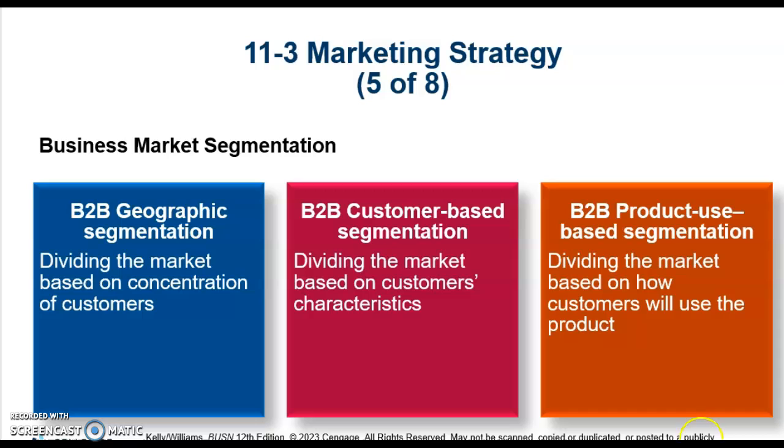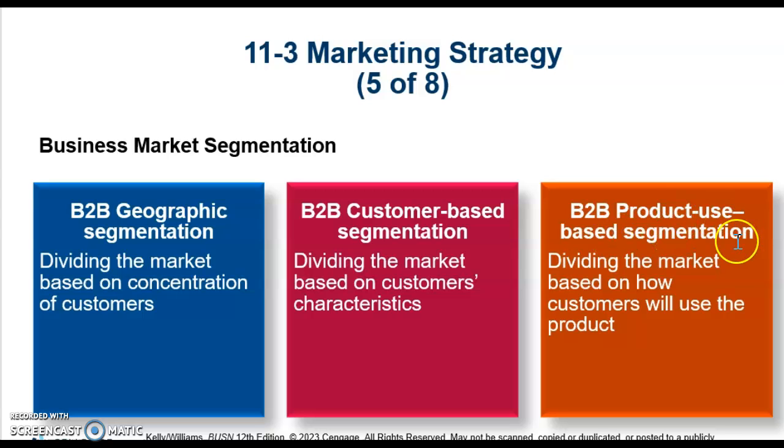So for businesses, the business market segmentation, the business-to-business geographic segmentation divides the markets based on the concentration of customers. Then the business-to-business customer-based segmentation divides the markets based on customers' characteristics.